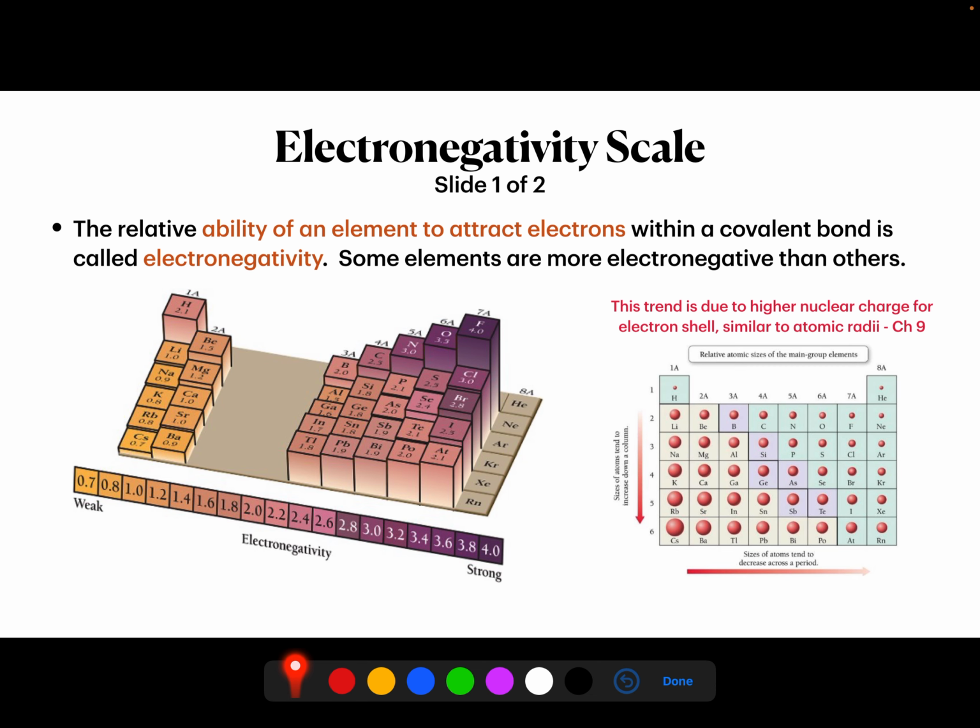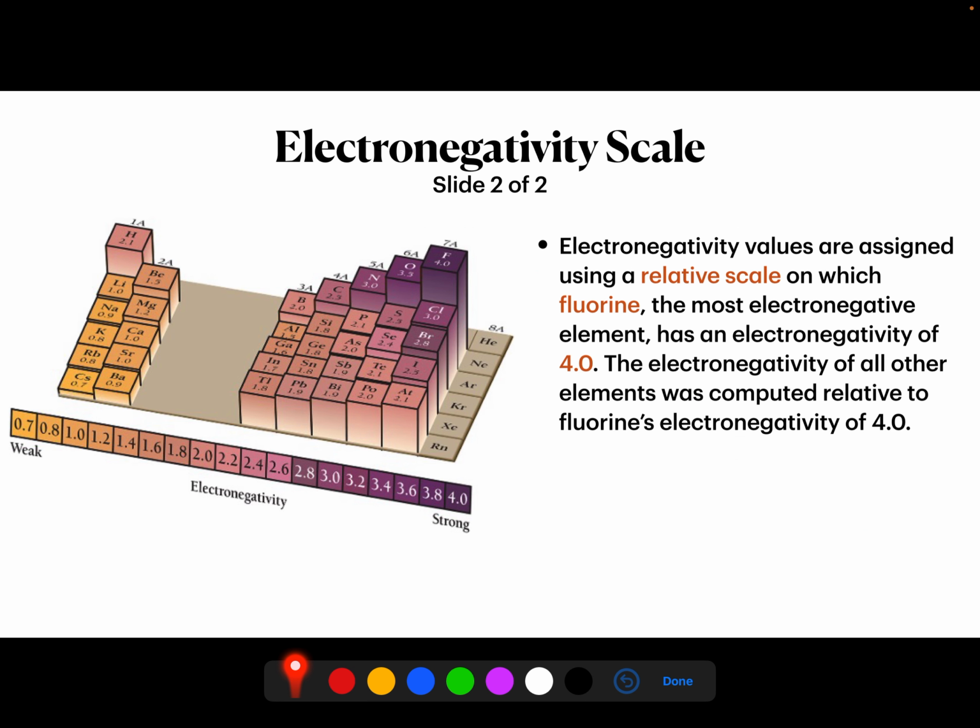This is also related to some of the patterns that we talked about in chapter 9, like atomic size: elements in the upper right part of the periodic table had smaller atomic radii compared to those in the lower left part. This was also a trend where those in the lower left had greater metallic properties than ones in the upper right part of the periodic table in the main group. Remember that we're just looking at main group elements here, and of course we're excluding our noble gases.